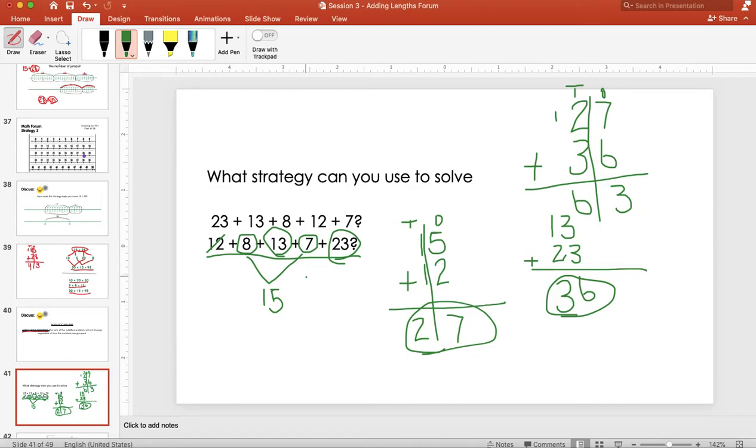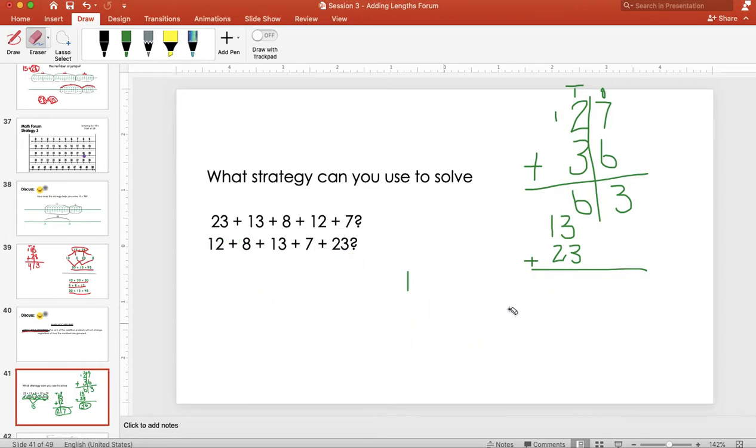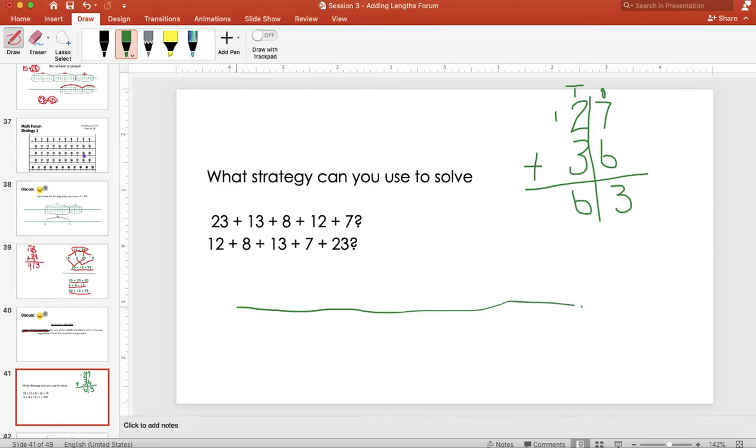Okay, so let me show you real quick how to add 27 plus 36 on a number line. So if you really like number lines, let's do it on a number line. So I'm always going to start with my largest number, which in this case is 36. Then I want to add 27.